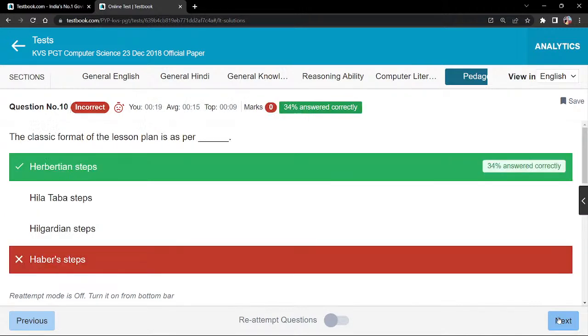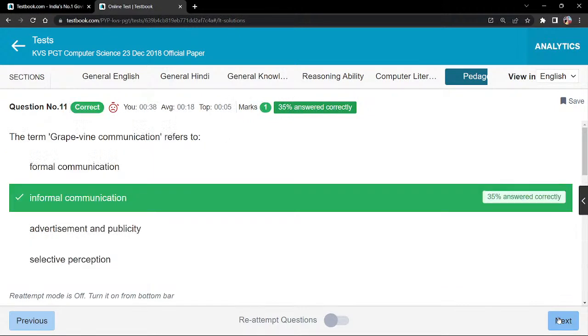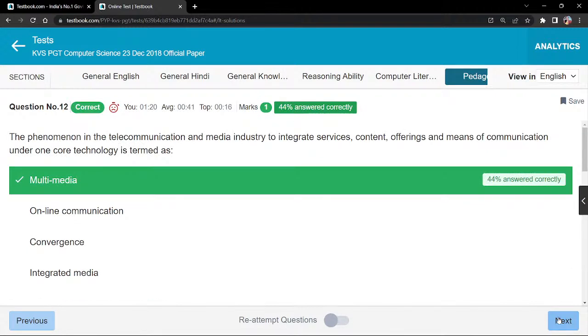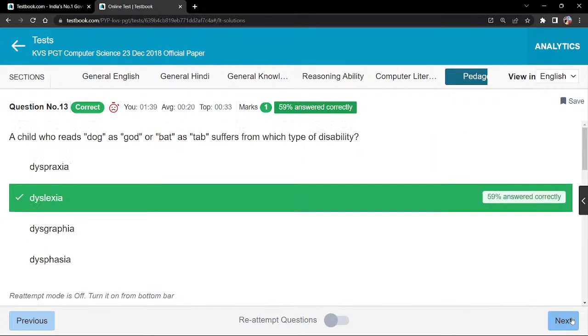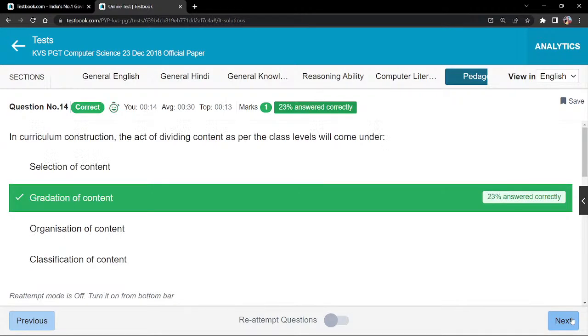The classical format of a lesson plan is arbitrary steps. Grapevine is informal communication. Then the phenomenon in the telecommunication media industry offering multimedia. Dyslexia. Then creation of content.